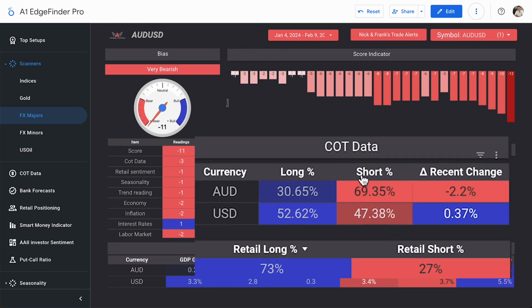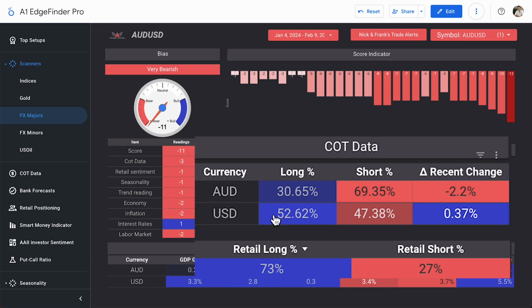So like we already know, institutional traders are already favored short on the Australian dollar right now, 59.35%. And then we're actually 50-50 right now on the dollar. I know that technically it is favored on the long side, but just by 2.6% essentially. And that's just not enough confirmation.